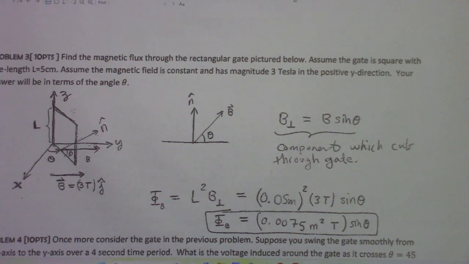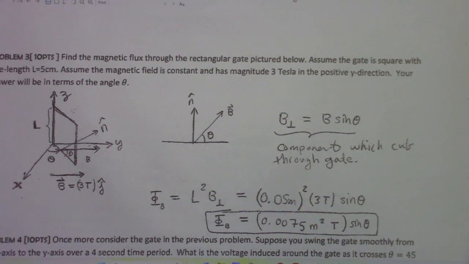And so the part of the magnetic field which is giving us flux is B sine theta. And so L squared times the perpendicular field gives me 0.075 meters squared Tesla times sine theta, and that would be the flux in this case.